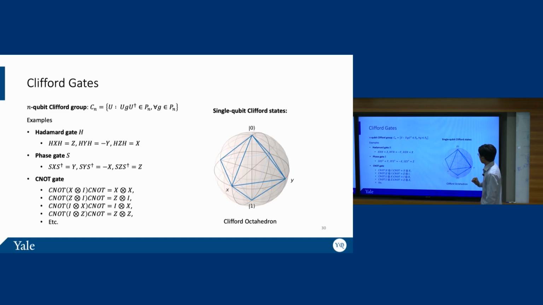So if you have a probabilistic mixture of these Clifford gates, it gets you to the interior of this octahedron, this stacked pyramid shape. So not everywhere inside of the Bloch sphere, but those enclosed by this octahedron. This is not universal.